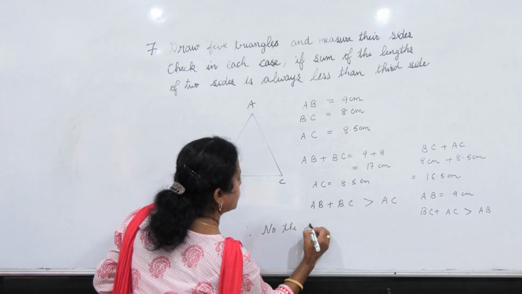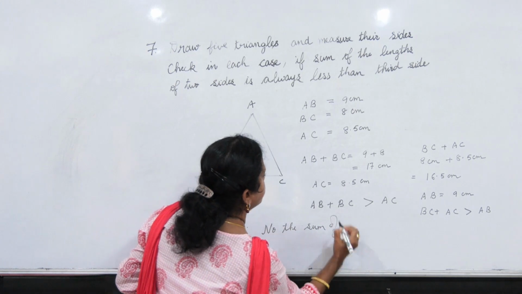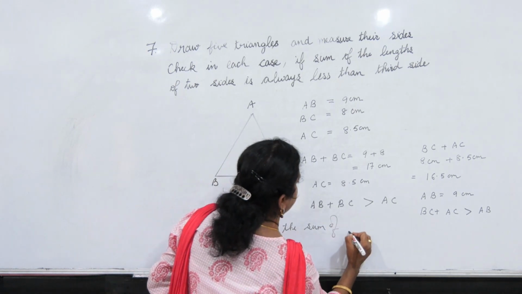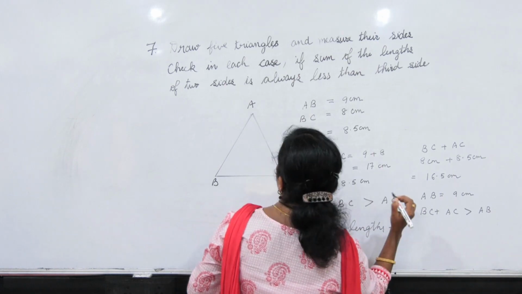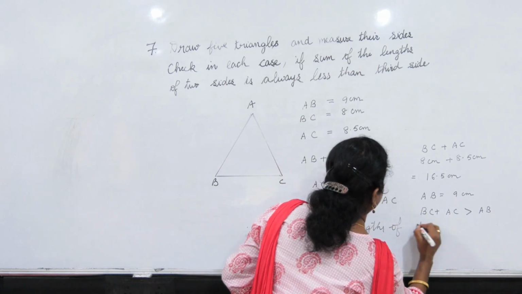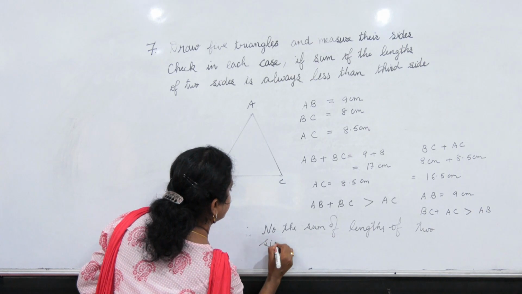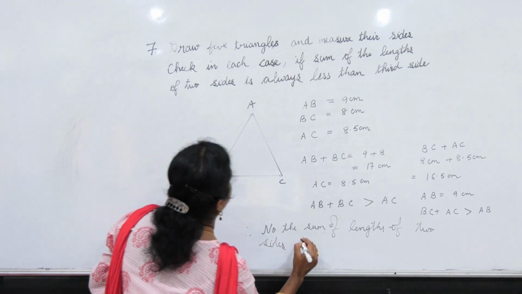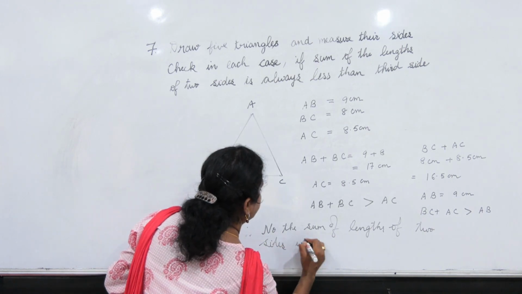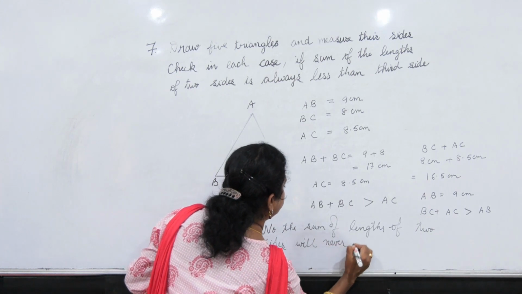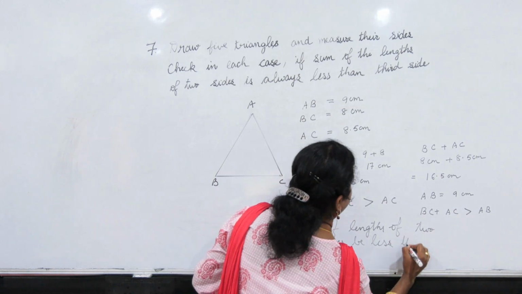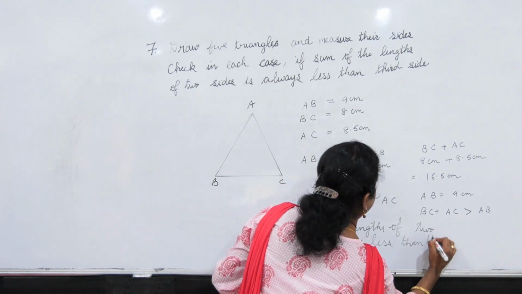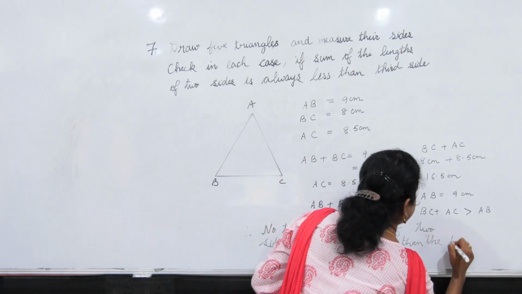The sum of the lengths of 2 sides will never be less than the third side.